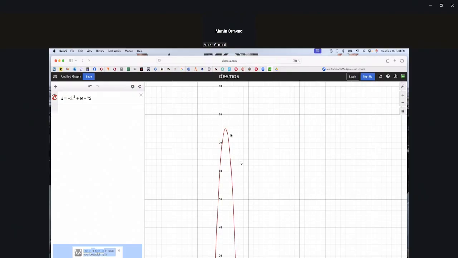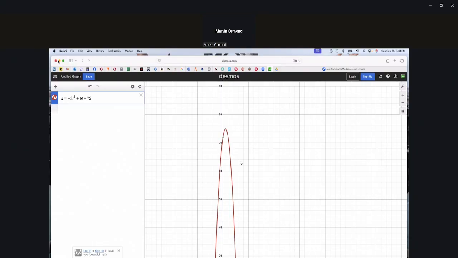So the very top, right there, is 1 comma 75. So after 1 second, the ball is at 75 meters above the ground, and then it starts to fall towards the ground. Okay, so 1 and 75.